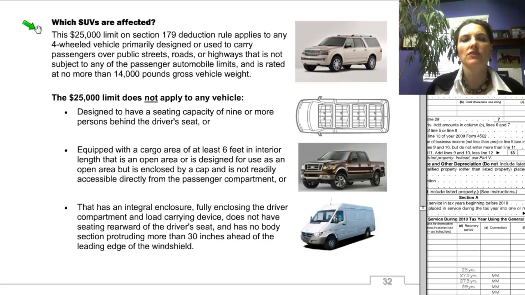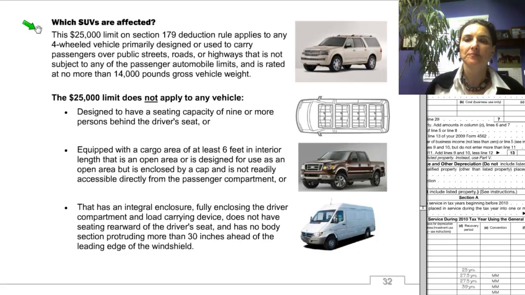This $25,000 limit on the Section 179 deduction rule applies to any four-wheeled vehicle primarily designed or used to carry passengers over public streets, roads, or highways that is not subject to any of the passenger automobile limits and is rated at no more than 14,000 pounds gross vehicle weight.